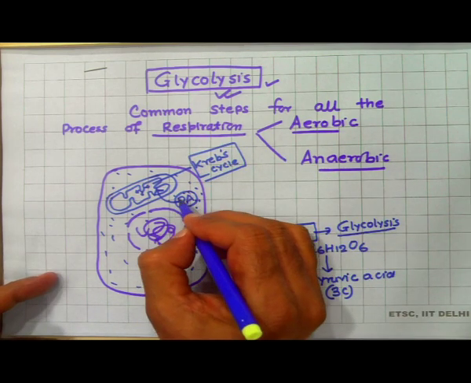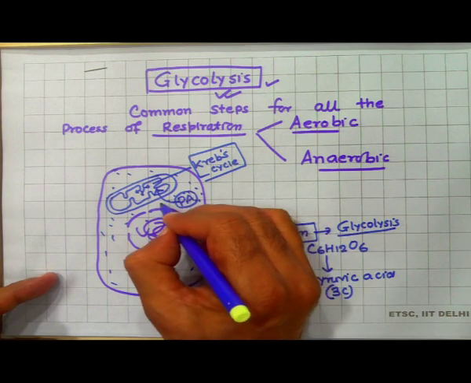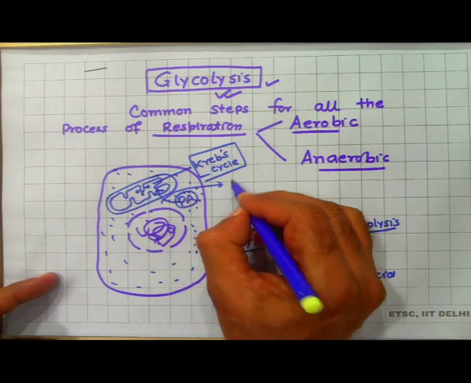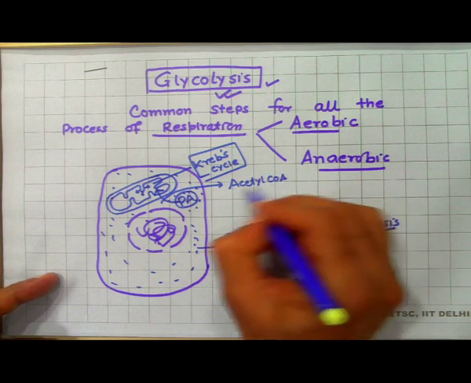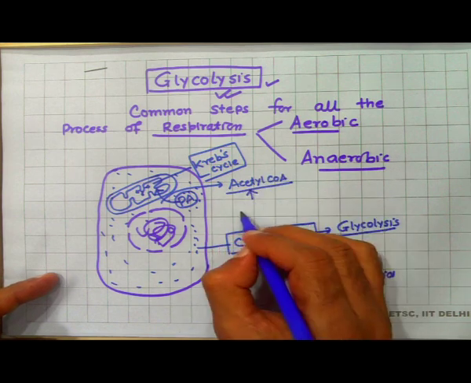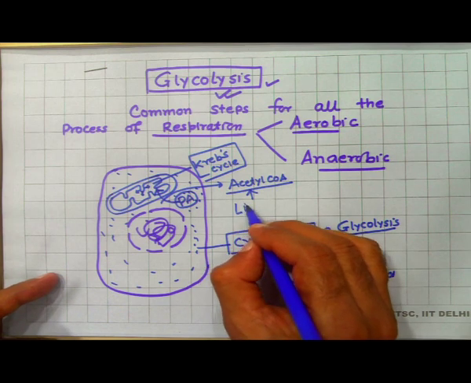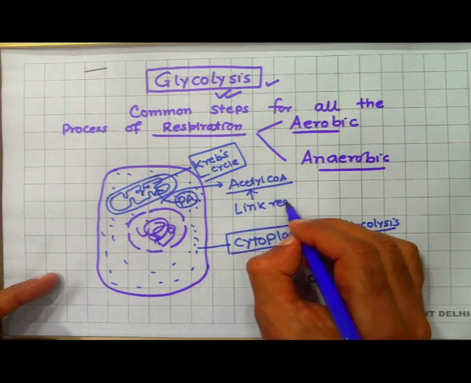Before entering into the mitochondria, the pyruvic acid is converted into acetyl coenzyme. This reaction we have already discussed, that is called link reaction.